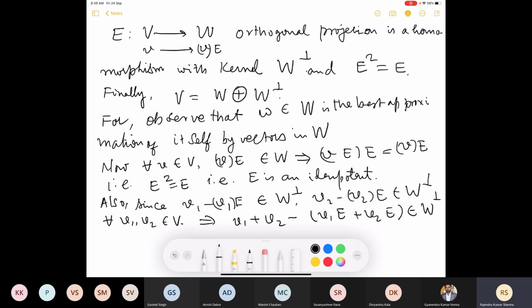Now, what you can observe here is that this is an element in V, V1 plus V2.